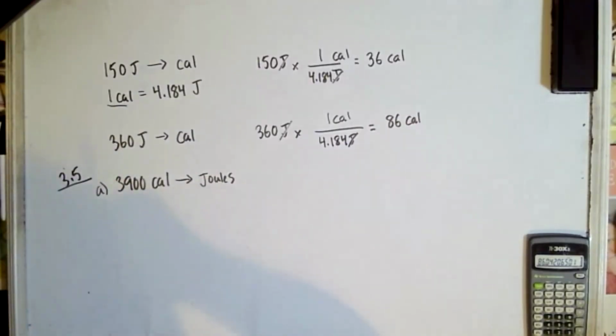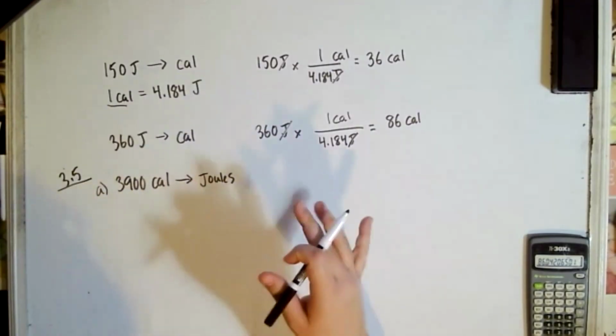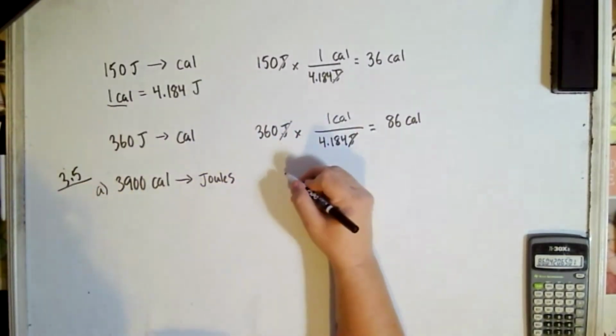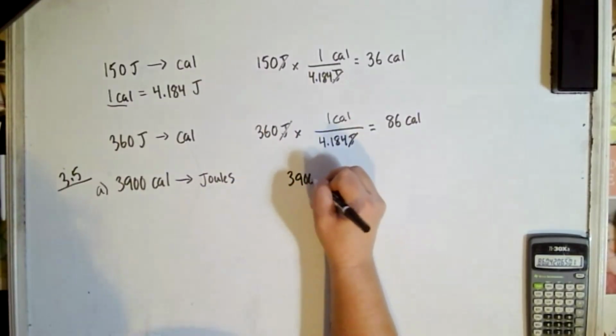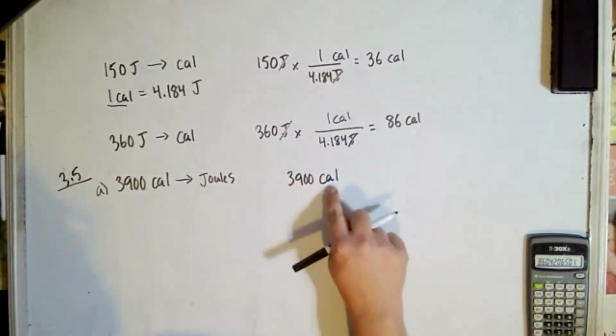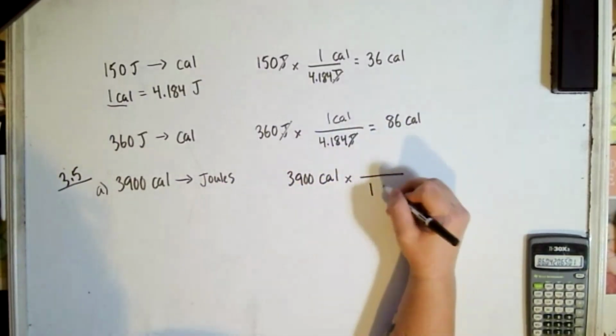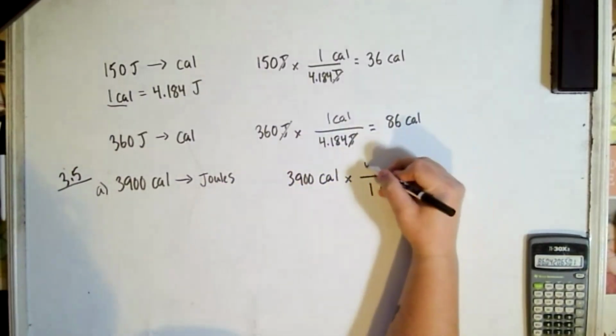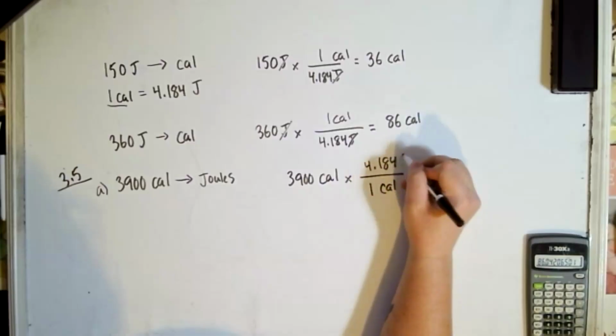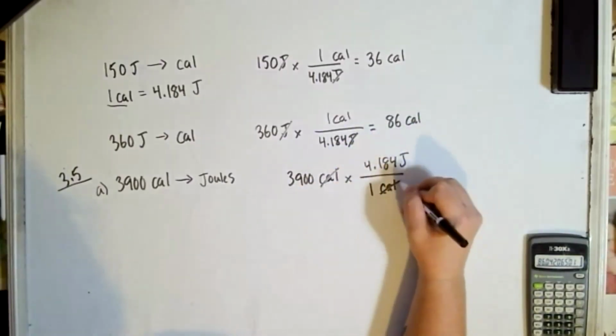We're still using the same conversion, just modifying its position a little bit. Now we start with our 3,900 calories, so we want the calorie unit on the bottom of our conversion factor, and we want our 4.184 joules up top so that our calories can cancel out.